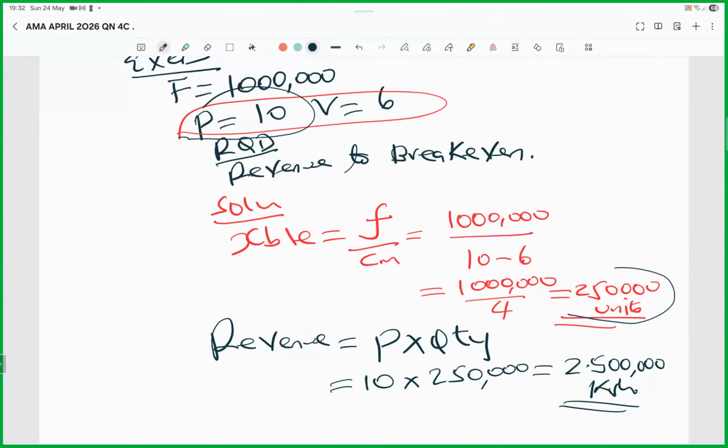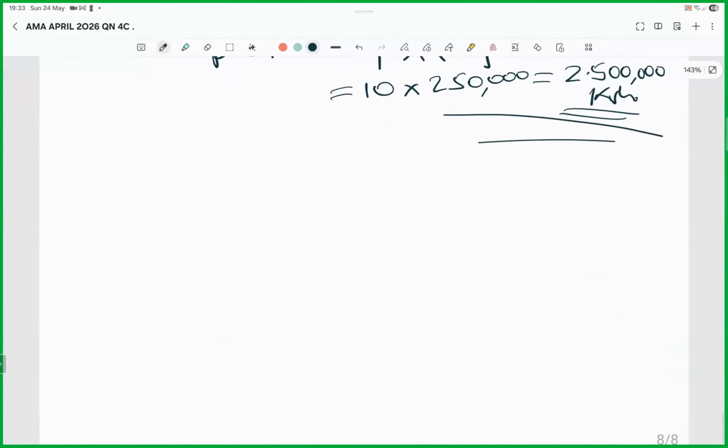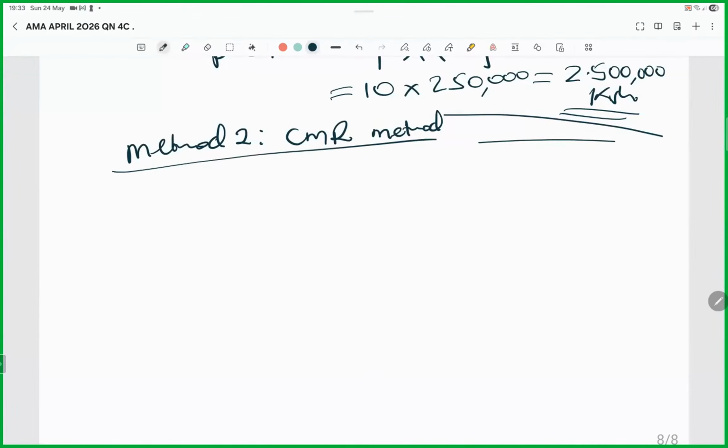Method number 2. But first of all, before I go to method number 2, have you guys been able to write up to here? Feedback, please. Thank you so much. So then method number 2, this is what we have here. It's called the CMR method, where CMR is contribution margin ratio.